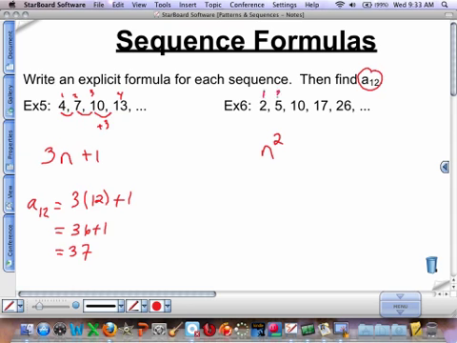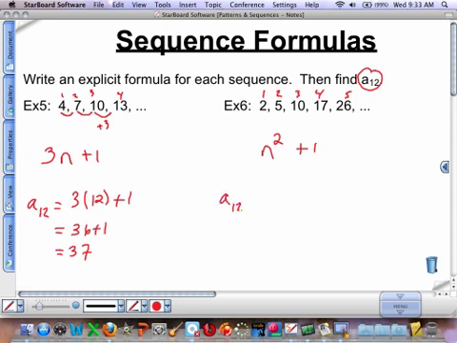Again, we're at term 1, term 2, term 3, term 4, term 5. Let's make sure we're on the right path. So n squared plus what? What's 3 squared? 9 plus 1. So does that work? Yeah. 5 squared is 25. 25 plus 1 is 26. Does that work for us? Yeah. Okay, so that's your formula.